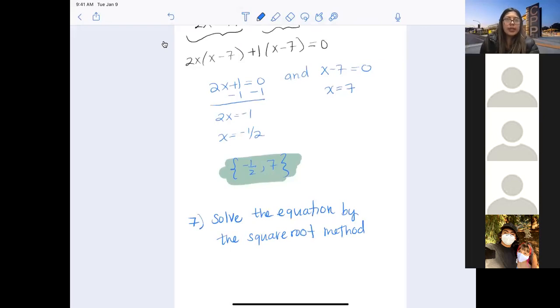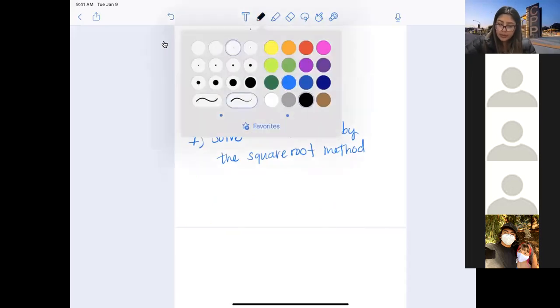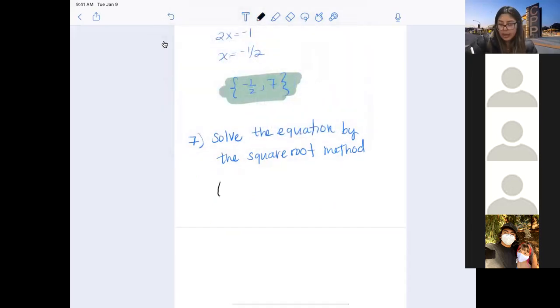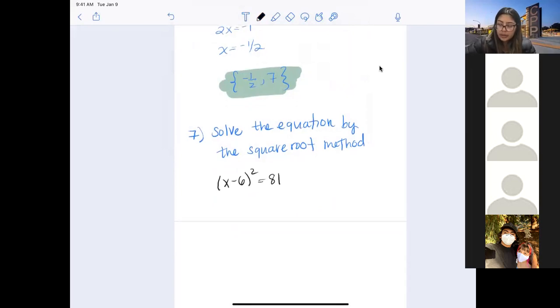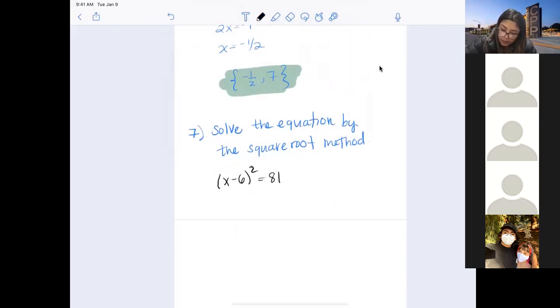So here, what you have to do is, if I give you x minus 6 squared is equal to 81. Well, this one doesn't look like your regular quadratic, but since you have a square, you can use the square root method. What does the square root method say? Well, I take the square root of both sides.